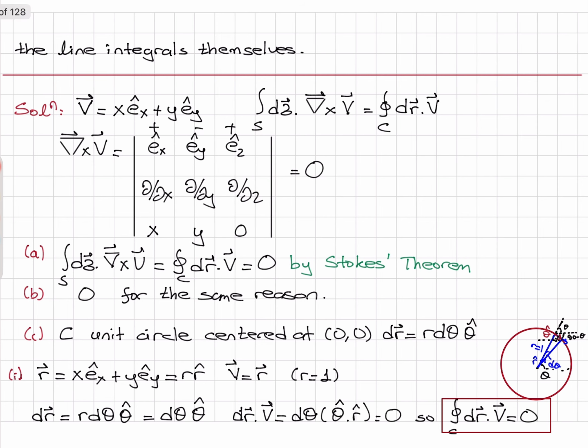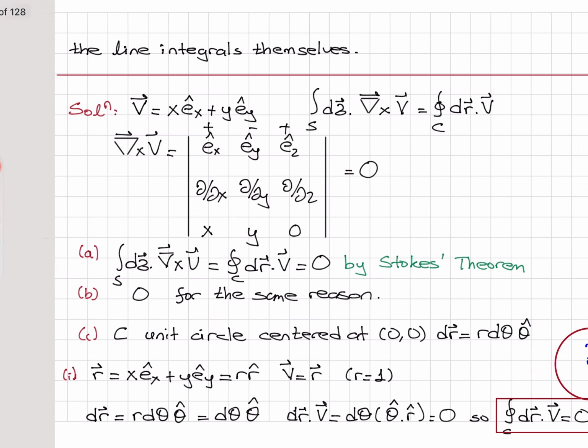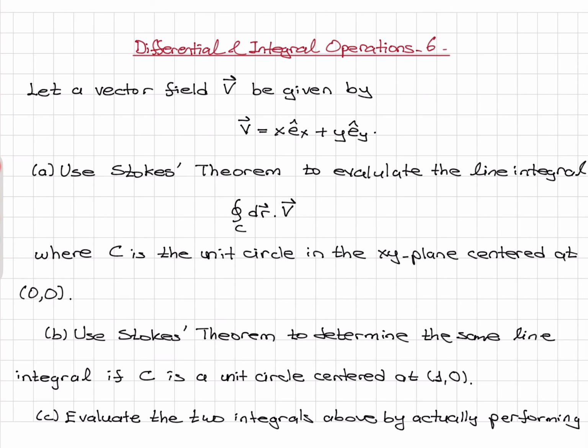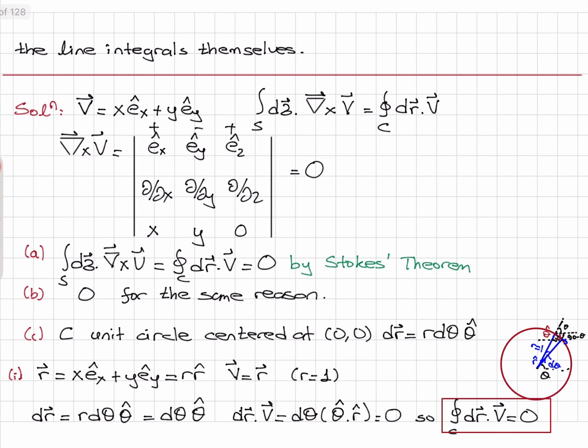Now, if I check the curl of vector v, I find that it is 0, and Stokes' theorem tells me the surface integral of sigma dot curl v is the closed path integral over the contour C that is at the boundary of the surface, dr dot v. So, since the curl is 0, this integral is 0 for part A and B. And part C says evaluate explicitly these two line integrals to show that that's the case.